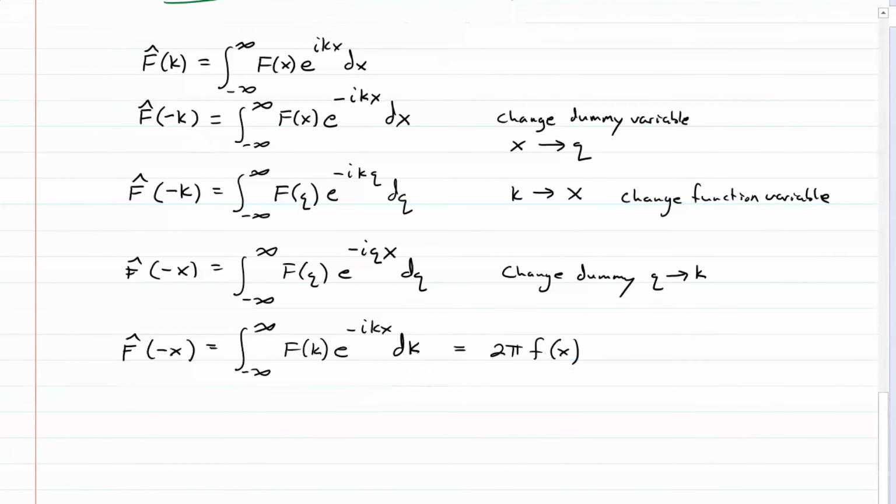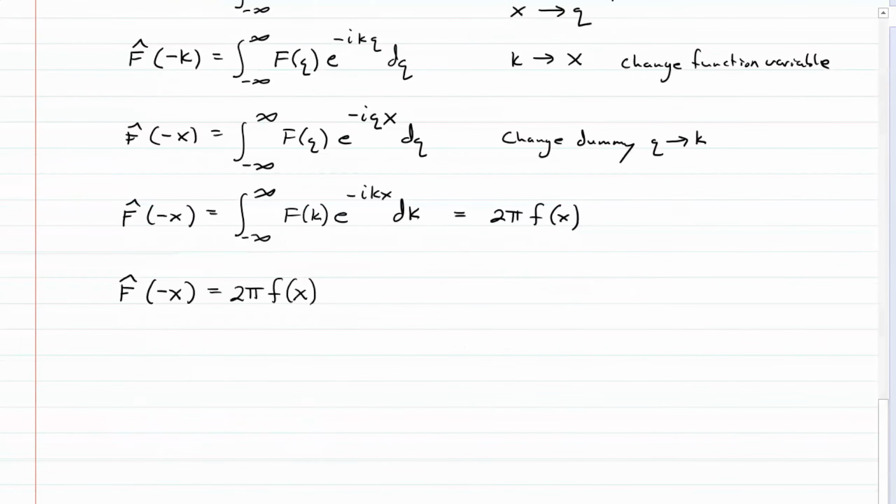We found that this function, which I called F hat of minus x, is equal to 2 pi times the small f of x. But that x variable can be anything, so I can also say F hat of minus k is equal to 2 pi f of k. And I can get rid of the minus sign. I can say F hat of k is equal to 2 pi f of minus k.